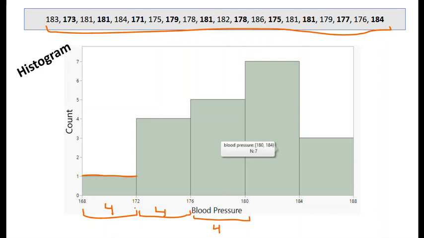For 172 to 176, clearly we have 4 observations. For 180 to 184, we have 7 observations. So this bin basically has the highest frequency in the data. Right? So make sure to get comfortable with the histogram graph because you are going to use it a lot in order to represent the distribution of the different variables you are dealing with.